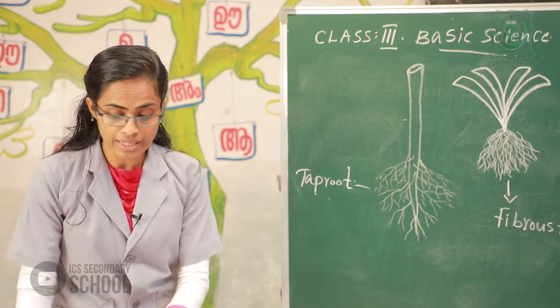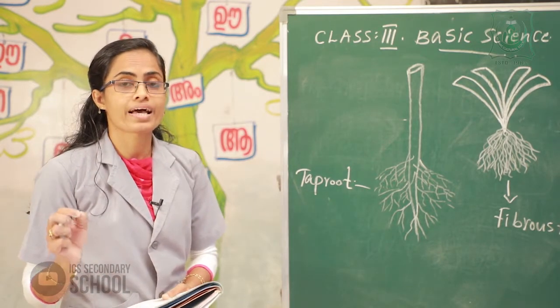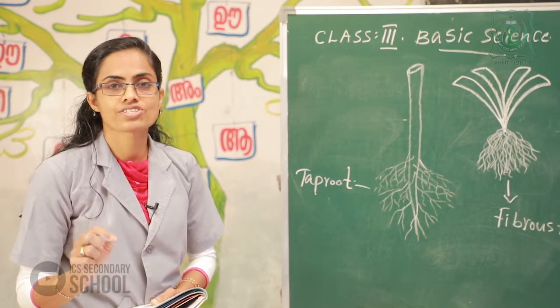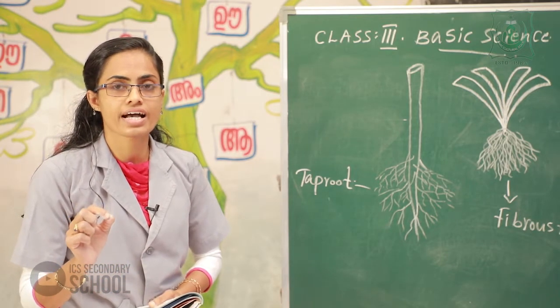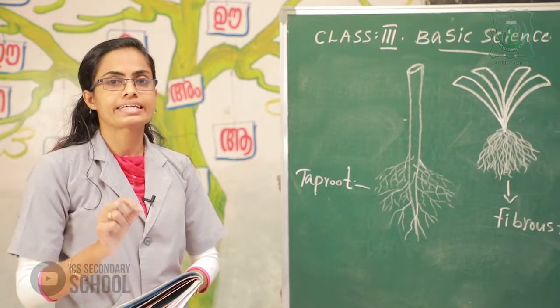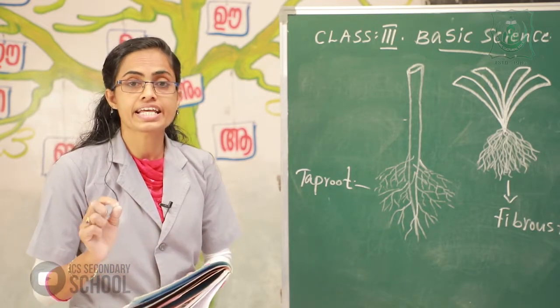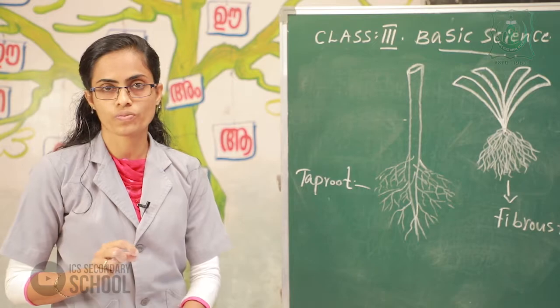For example, plants such as carrot and beans, and trees such as neem and mango.